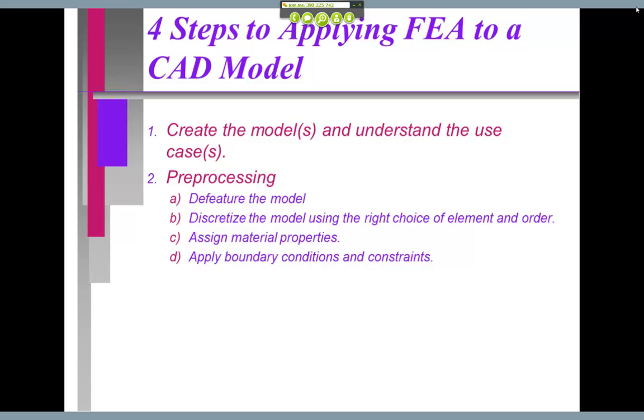And so it may be on the CAD system that the first thing they want you to put in is the material properties, and they want you to put that in on the real model, not on the defeatured model. Okay? So don't get too hung up on this order that's listed on the screen. Just realize that you have to get those 4 things accomplished before you can go on to the next step.